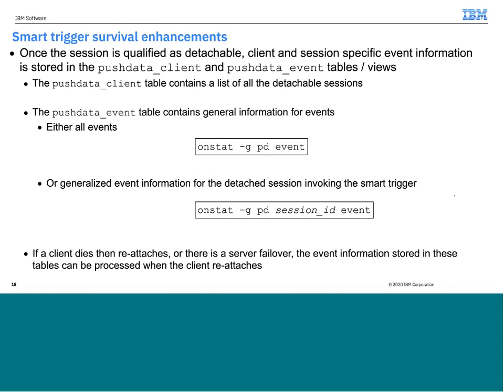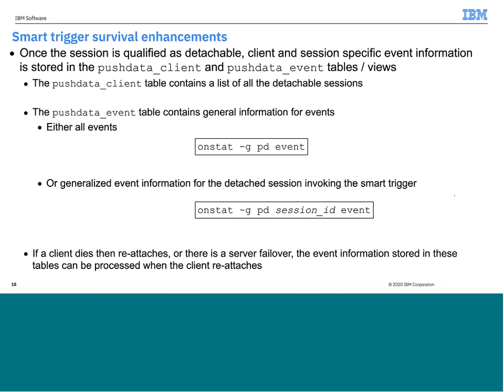Once a session has been declared as detachable, you can view information about that session and what it's doing in two tables, the push data client and the push data event tables or views. If you want to look at all of the events, you can do an onstat -g PD and then the event keyword, or if you want to look at information for a particular session, you can do the onstat -g PD, CDR session ID, and event.